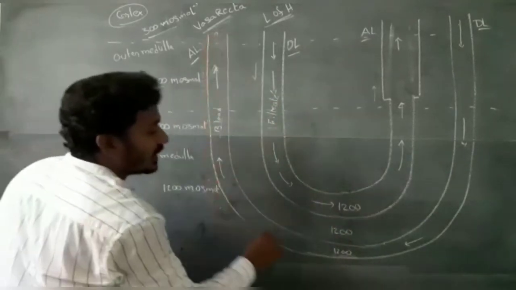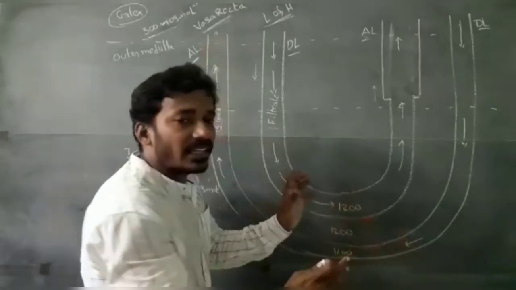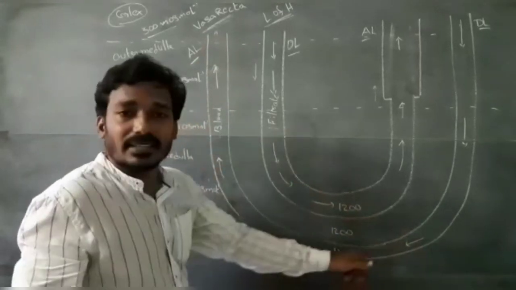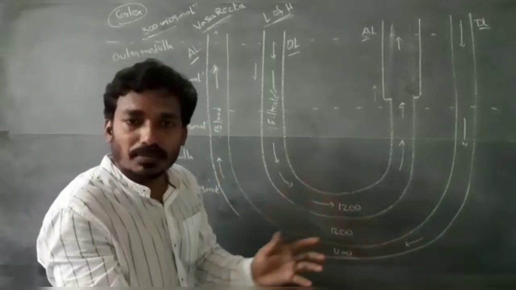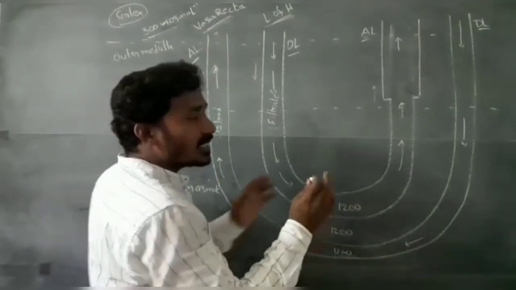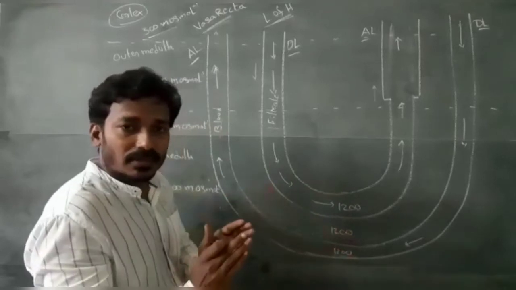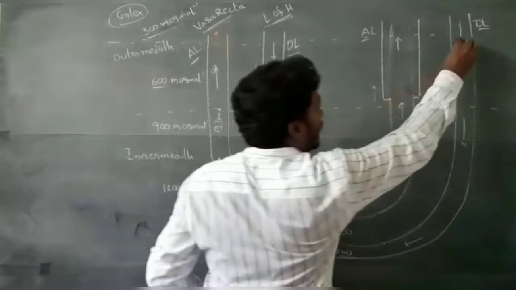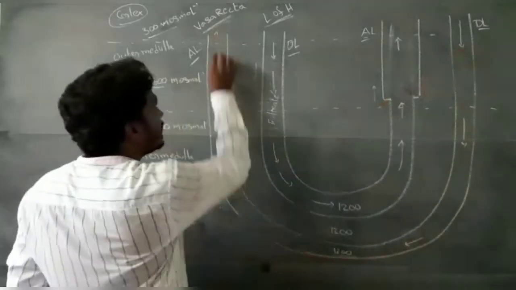This is the vasa recta. The loop of Henle is surrounded by a blood vessel called the vasa recta. The vasa recta is U-shaped and has two limbs. This is the descending limb. This is the ascending limb.